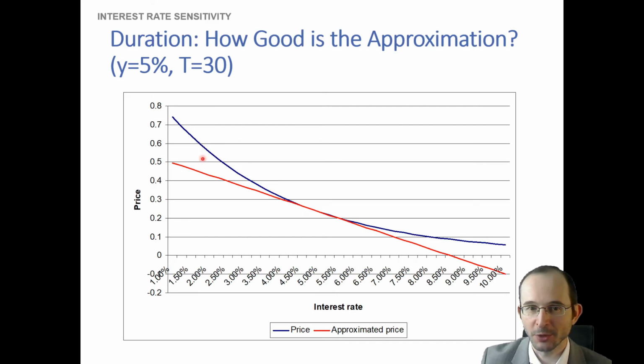Bigger changes for decreases in yield, smaller changes for increases in yield. And that means that the farther we deviate from our starting point at 5% yield, the bigger the discrepancy between our linear forecast for the change in the bond's price from duration and the truth, which is the actual present value of the bond once we work out the math.